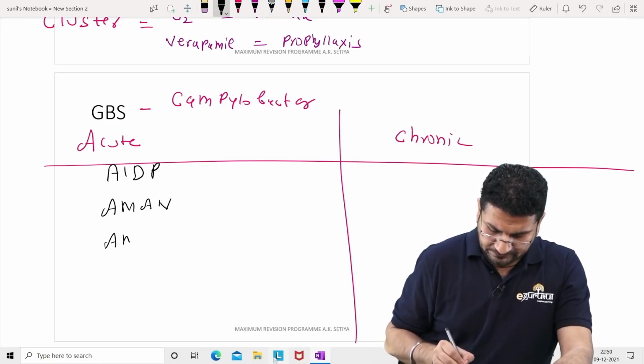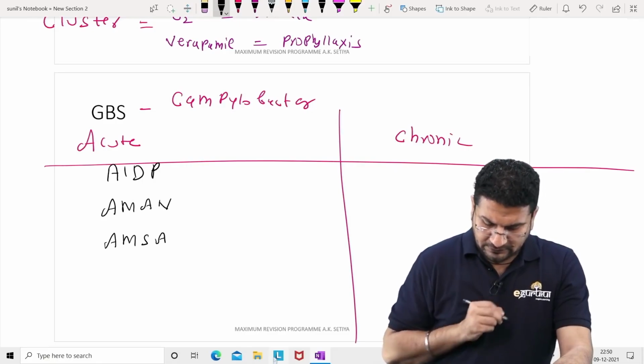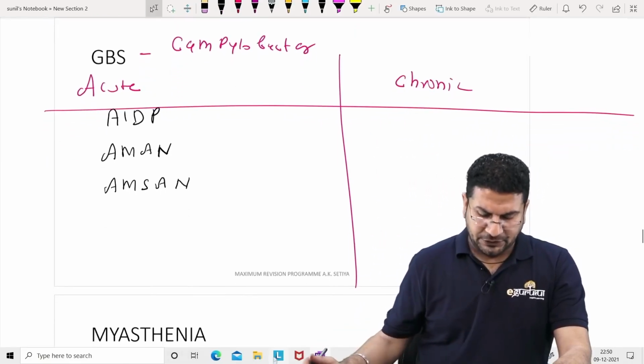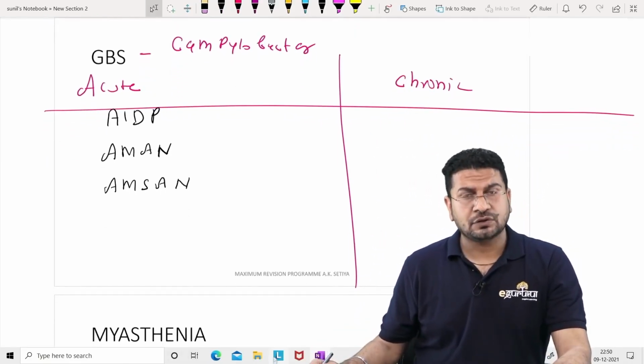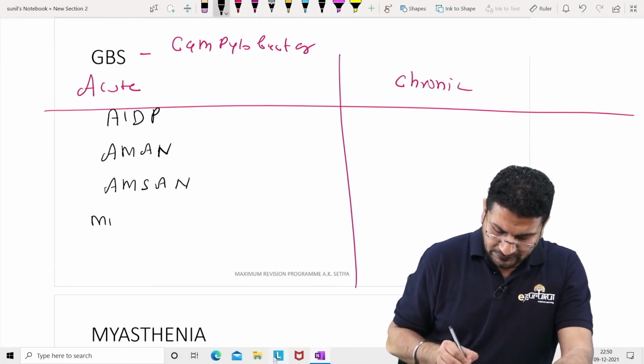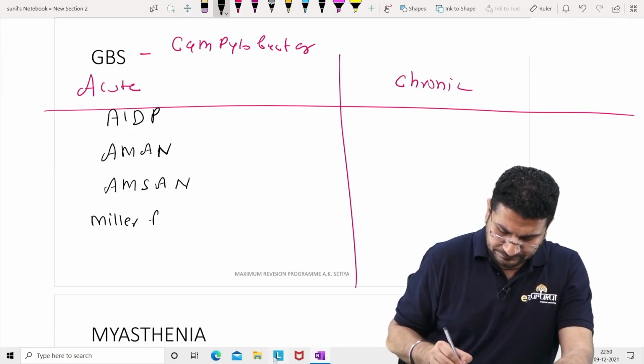Then AMAN, acute motor axonal neuropathy, AMSAN, acute motor sensory axonal neuropathy, and the fourth is Miller-Fisher syndrome.